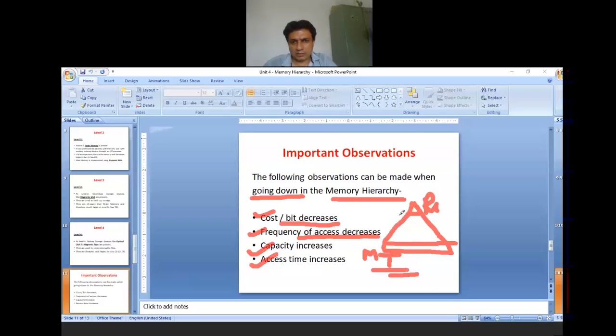The register has the smallest access time, and the magnetic tape at level 4 has the largest access time. These are the important observations when we are moving from top to bottom in the memory hierarchy. You need to remember these points thoroughly.